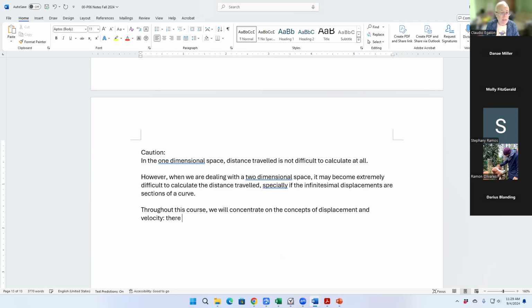There will be very few problems on distance traveled and speed, exactly because of this difficulty in calculating them in the 2D space.